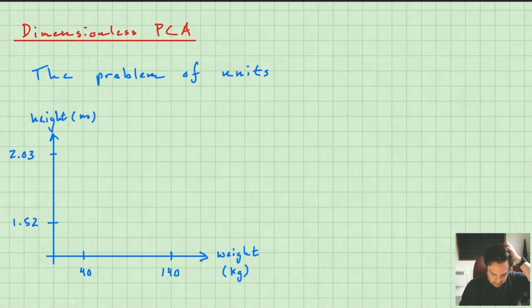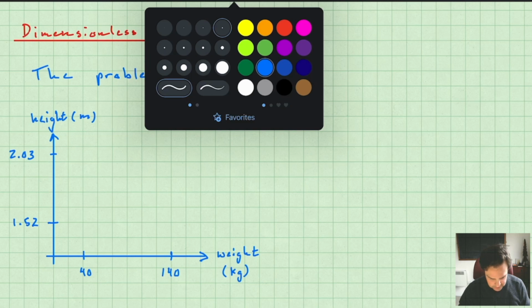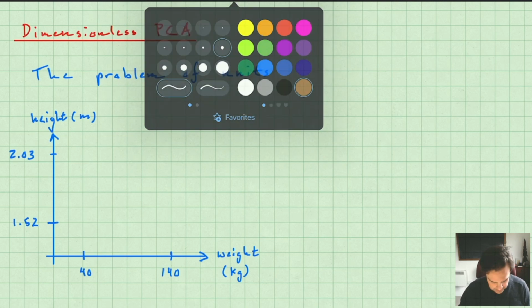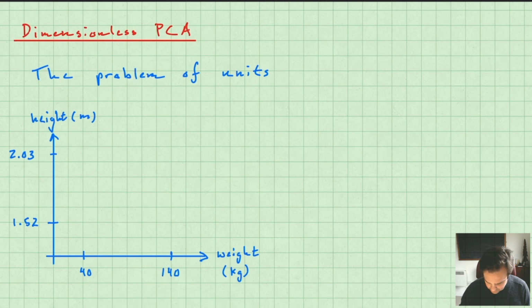Seems like a reasonable range. And let's just draw some data on here. I'll use orange for that. Maybe I'll use a darker color. We'll go with brown. And let's just suppose that the data looked kind of like this, so that, in some sense, the heavier men tended to be the taller men. But maybe not always. And so let's say that's how it looked.